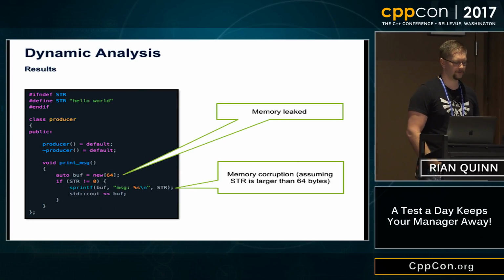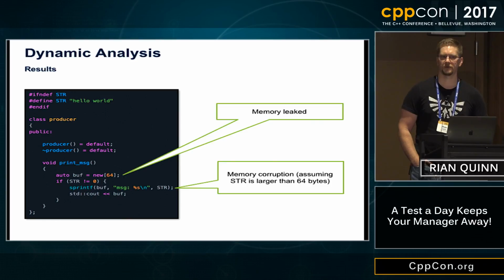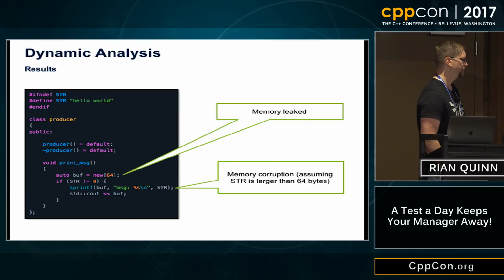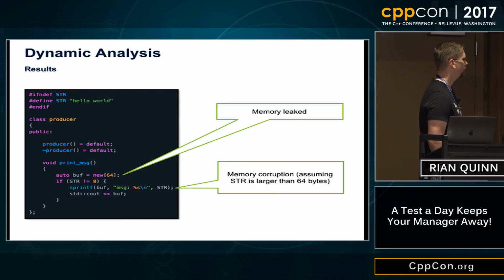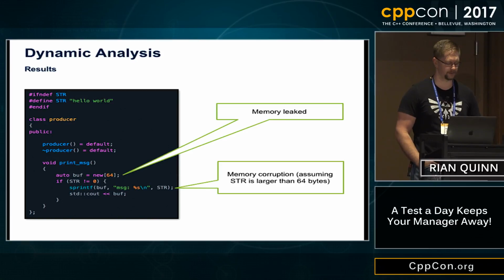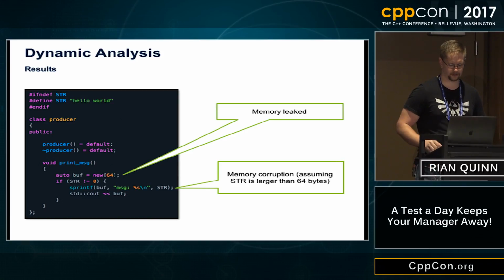There's also an issue, and the static checker found this, based on saying this should be a null pointer, but because this is a string not equals 0, it's perfectly valid from a compile time perspective for string to equal an integer. And that's not what we want. We want it to be a string. So I could put a lot of really bad things in here and end up with a bit of a problem. I can also put in 0, or I guess it's not true since we're doing the check. But at any rate, there are different types that you can put in there that could cause problems.